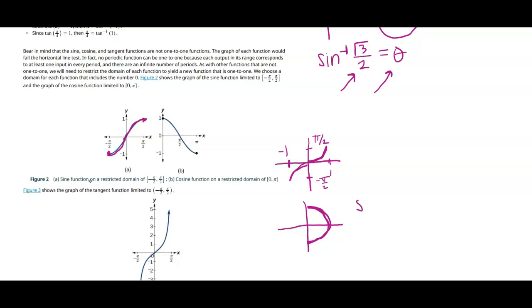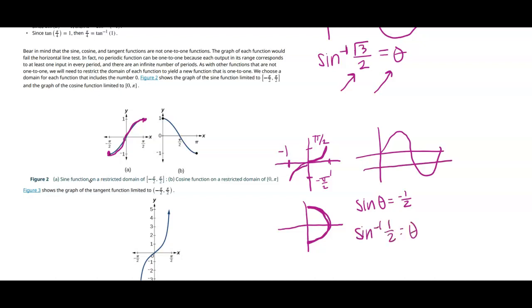So if I need to find, like, where is sine theta equal to -1/2, it is true on the sine graph that this would happen multiple times. But if I say find the inverse sine of -1/2 equal to theta, so that this is a function and it only happens once, I'm going to look at plugging in -1/2 and being like, what is that theta value?